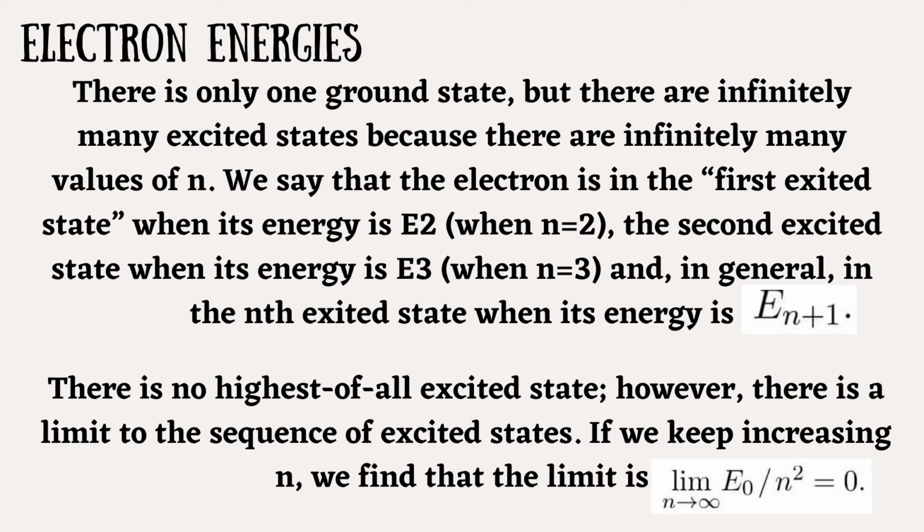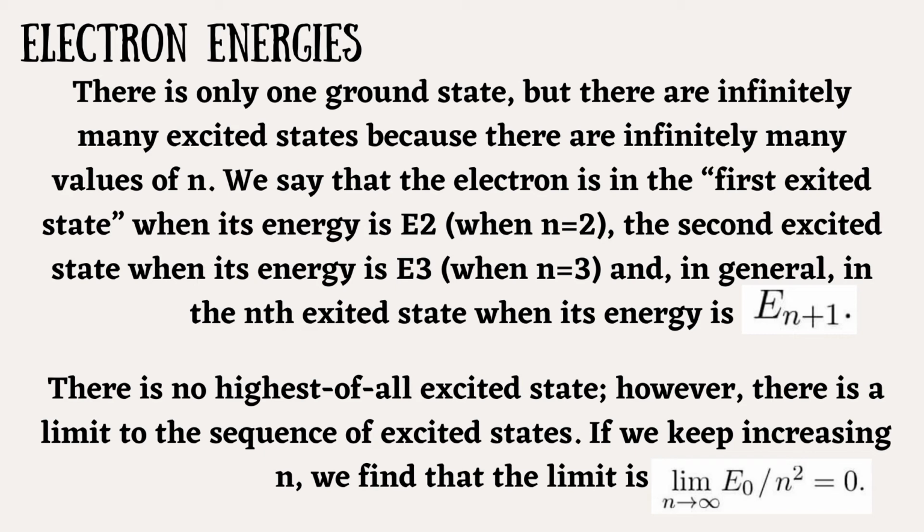We say that the electron is in the first excited state when its energy is E sub 2, where n is equal to 2. The second excited state when its energy is equal to E sub 3, when n is equal to 3. And in general, the nth excited state when its energy is E sub n plus 1.